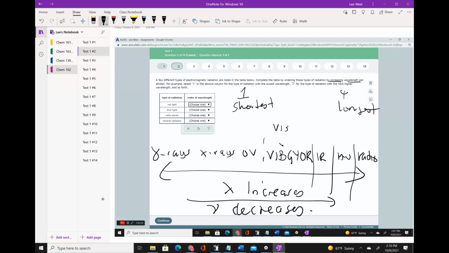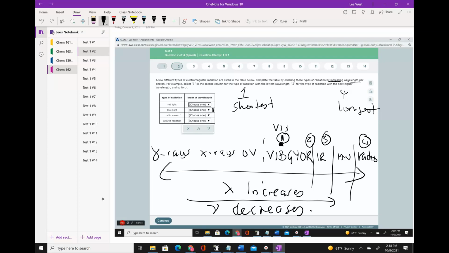It's got to be blue, isn't it? So blue is going to be my shortest wavelength coming in at number 1. And then my next one along would have to be red. That's going to be number 2. And then it should be infrared, number 3. And then finally, number 4 is going to be radio waves.